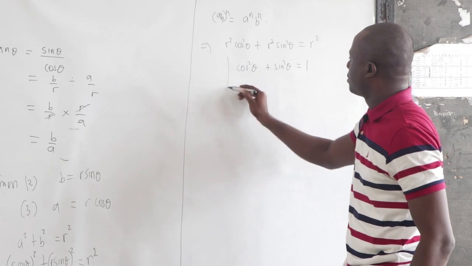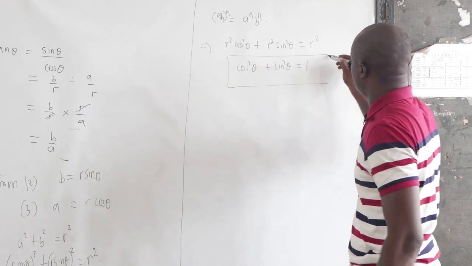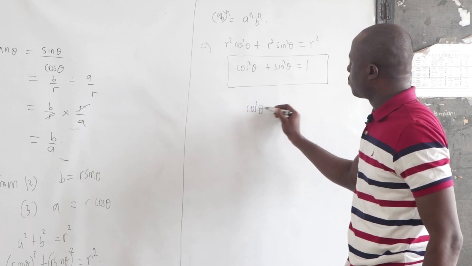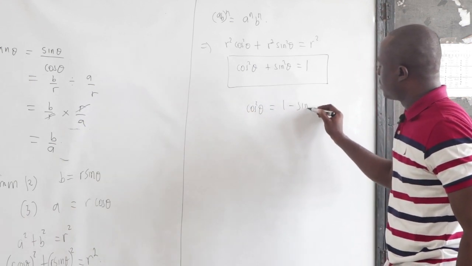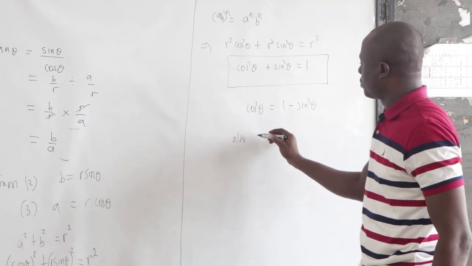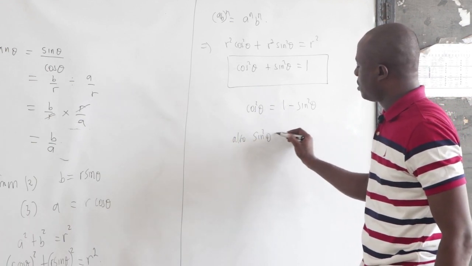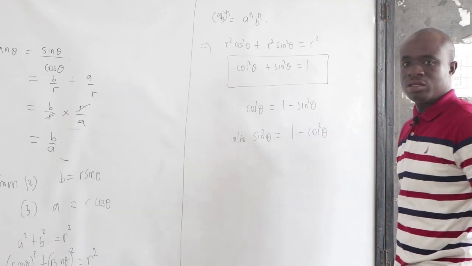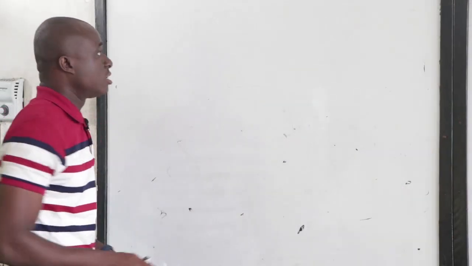From here, this is a major identity. What can we say? We can say that cos square theta is 1 minus sine square theta. And then also, we can say sine square theta equal to 1 minus cos square theta. Now let's note the following.